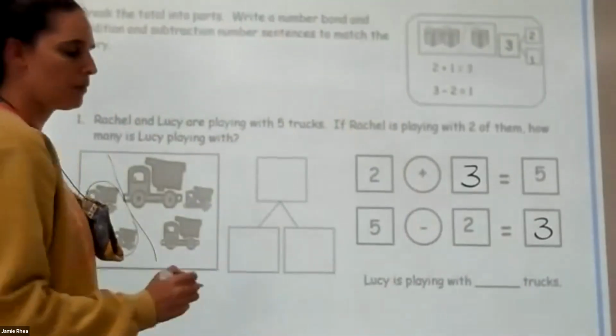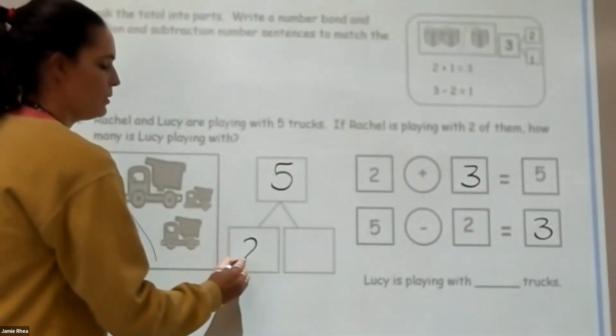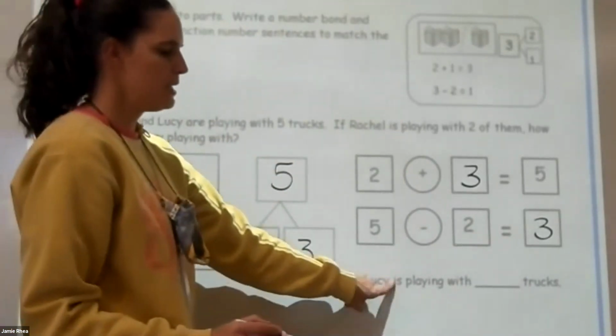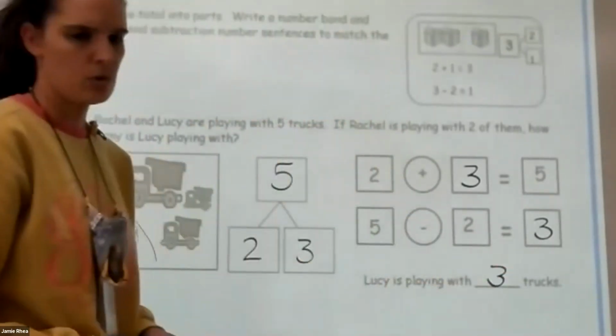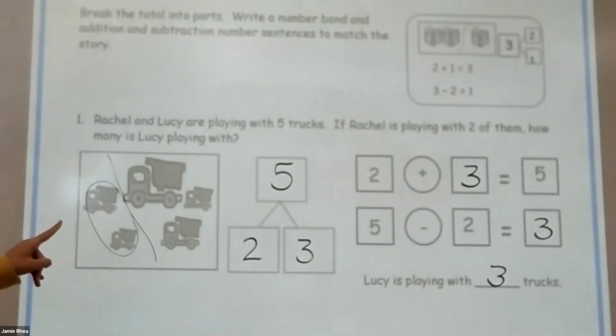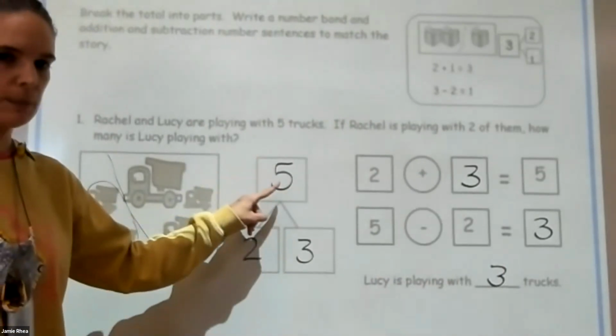I can fill in my number bond. I have a total of 5 trucks. Rachel is playing with 2, and Lucy is playing with 3. Lucy is playing with 3 trucks. Now I want you to look really carefully. Did you draw a line or circle your picture? Did you fill in your number bond?